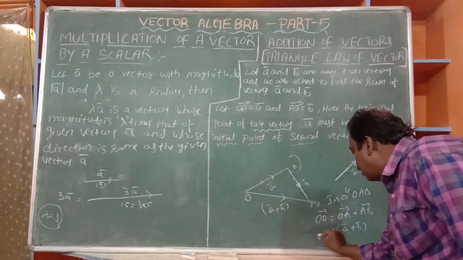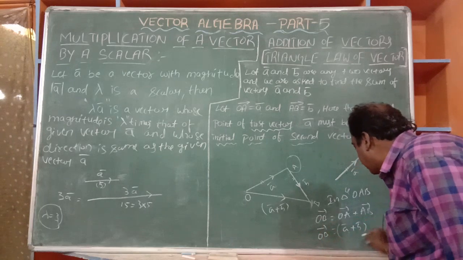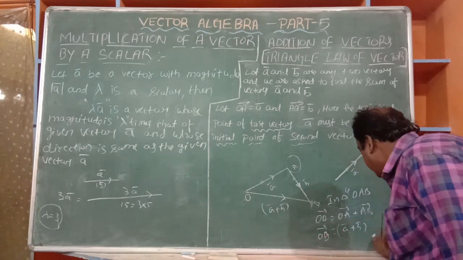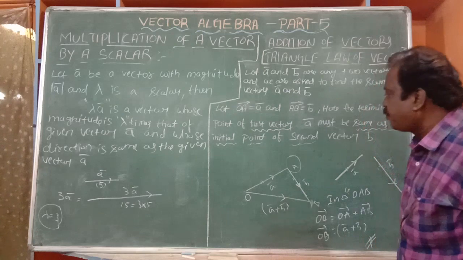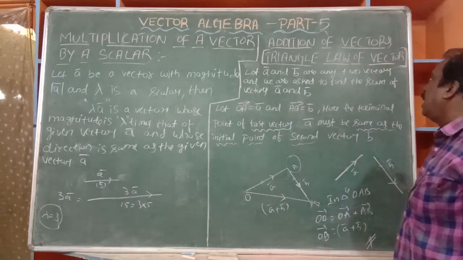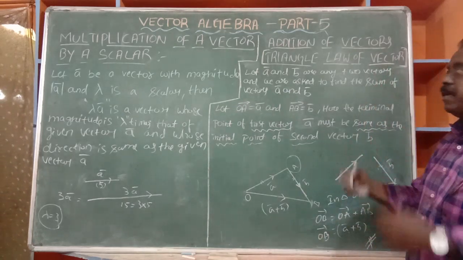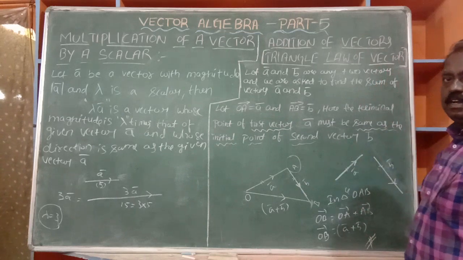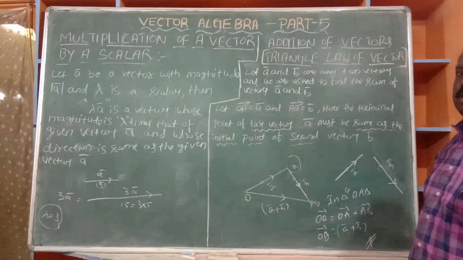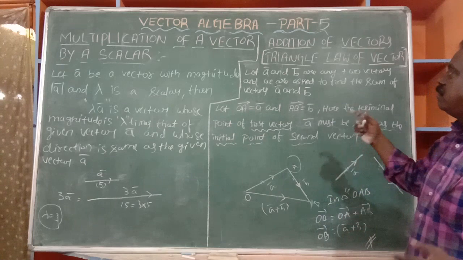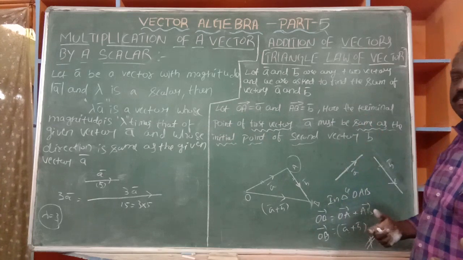So that is OB bar. This property is called the triangle law, or triangle property, of vectors A bar and B bar. By using a triangle, we can prove the addition of vectors.